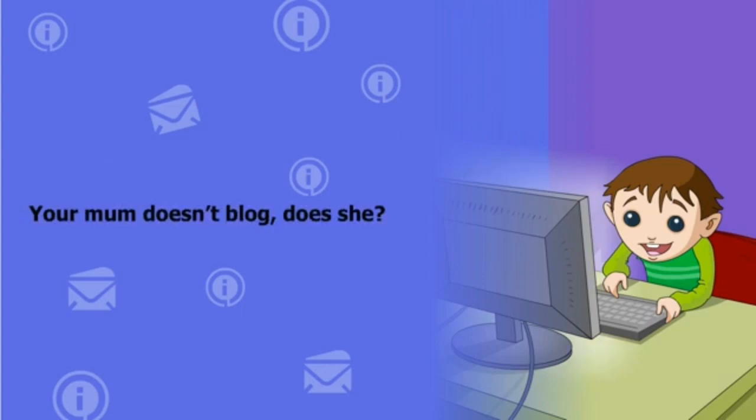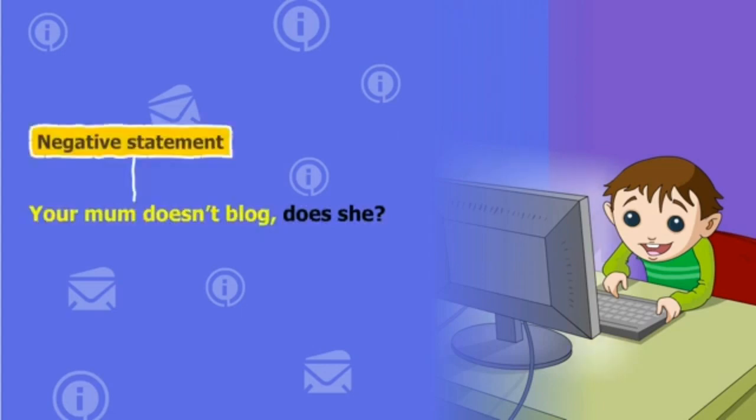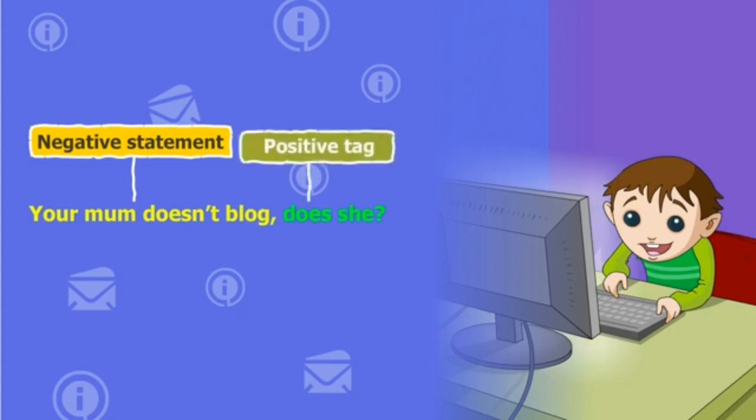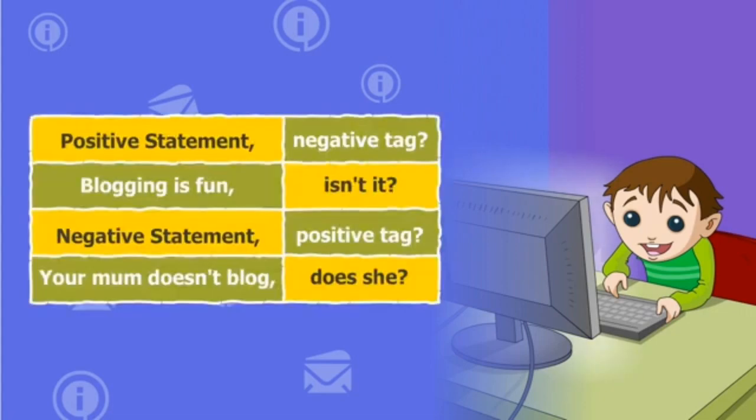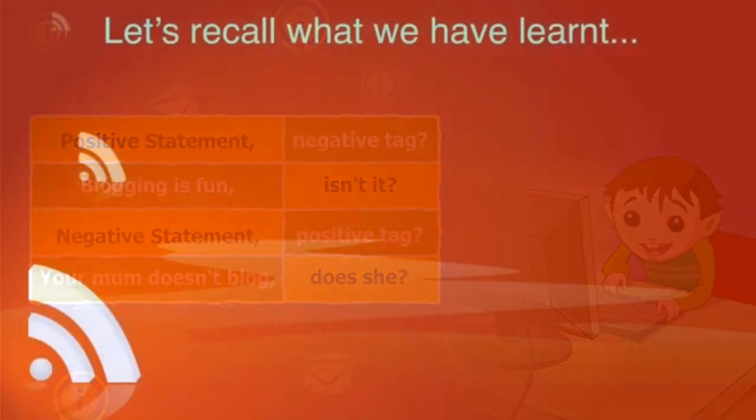You will also notice that your mom doesn't blog is in the negative statement, whereas does she is in the positive. Now, the table you're looking at on the screen right now shows the opposite relationship between statement and question tag clearly. So if you have a negative statement, the question tag is always positive.